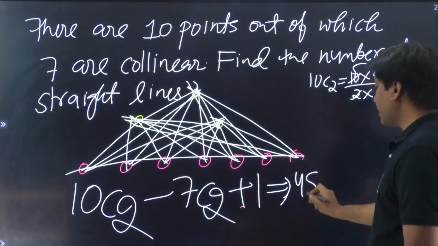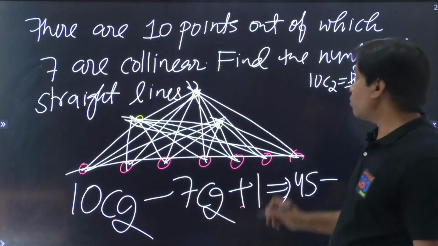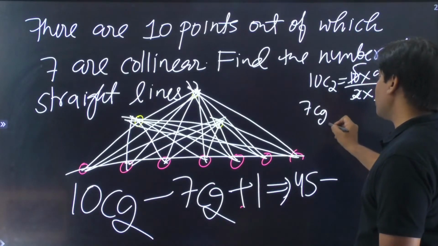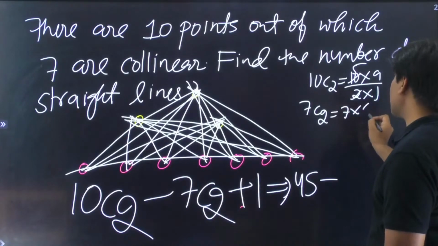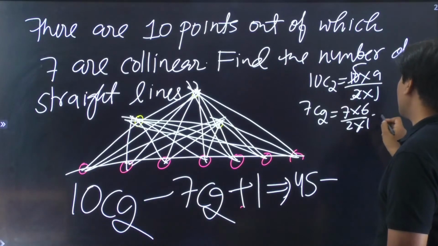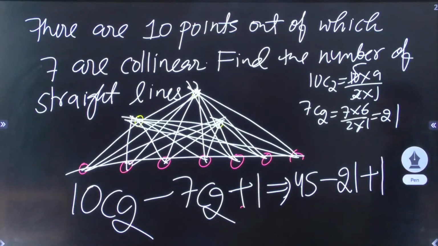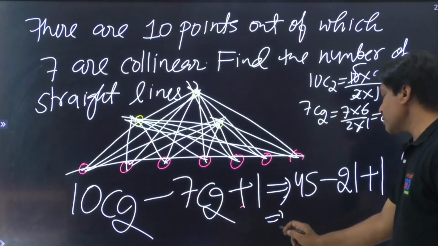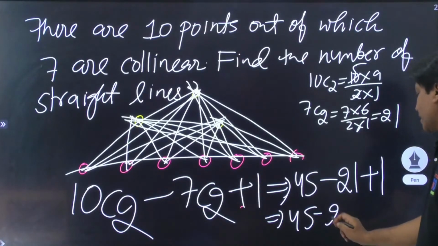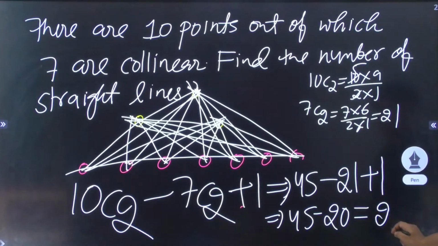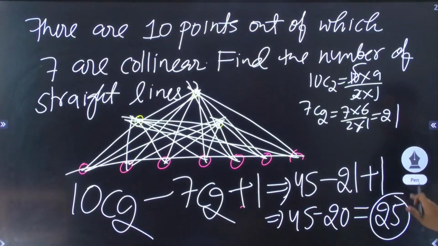So 45 minus, what is the value of 7c2? 7c2 is 21, which is 7 into 6 divided by 2 into 1, which is 21, minus 21 and plus 1. So if you simplify this, this is 45 minus 20. The right answer is coming out as 25.